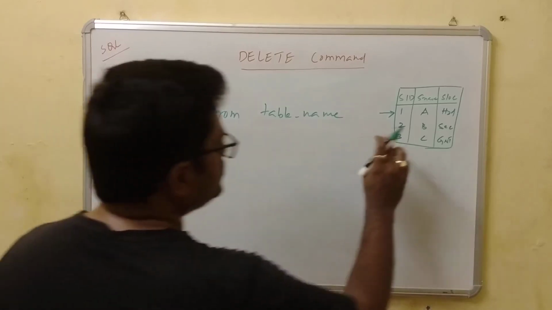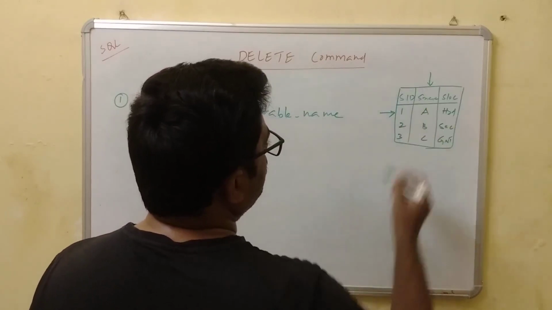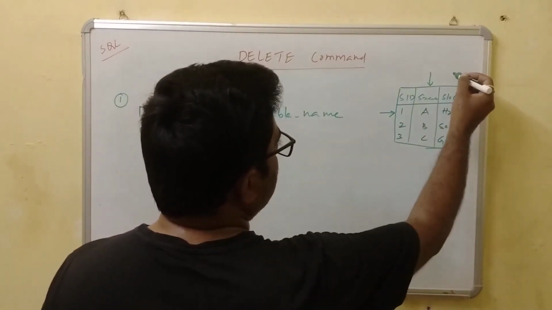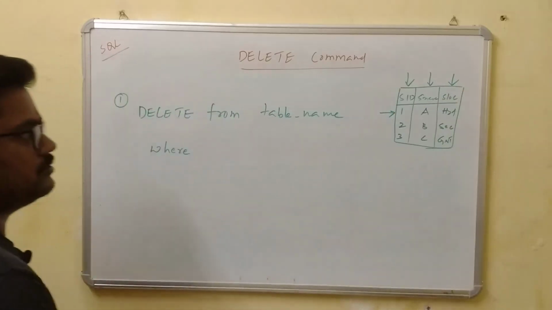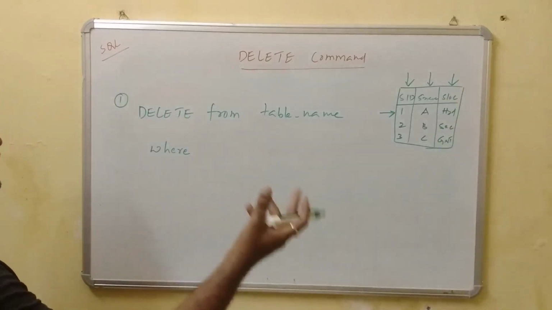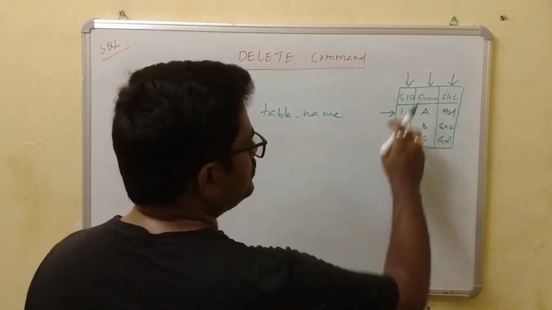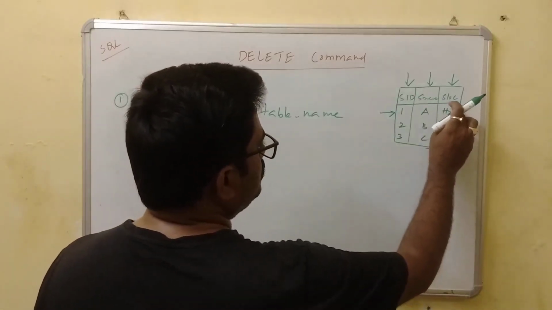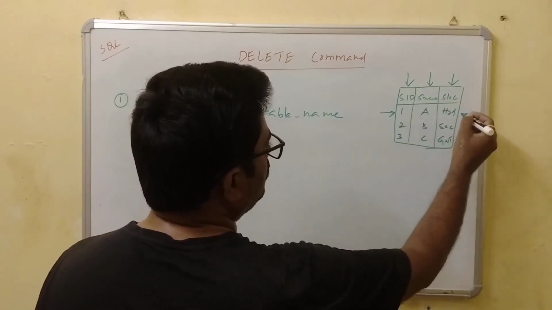For example, if I specifically want to delete by mentioning the student name, or the location, or the ID, by giving any one column, I want to delete from the table the students who are from the location called Hyderabad.